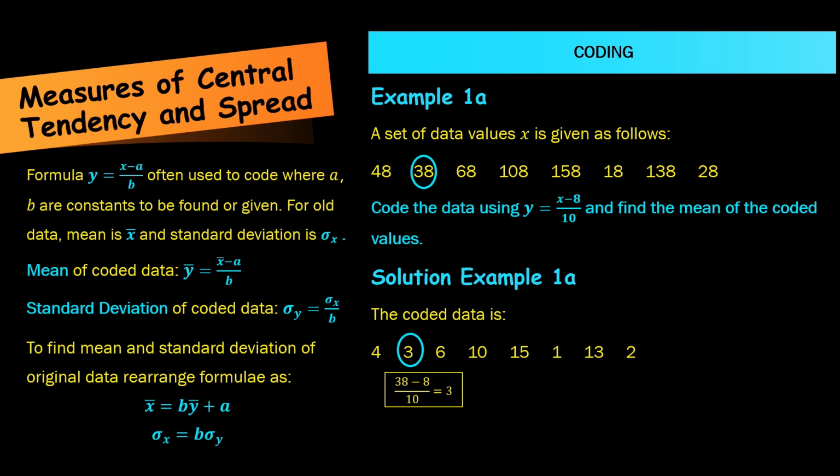For the second value, we have 38 minus 8 divided by 10, and it becomes 3.